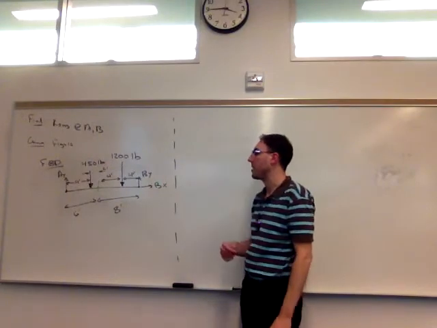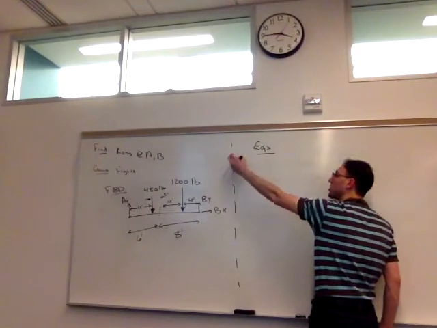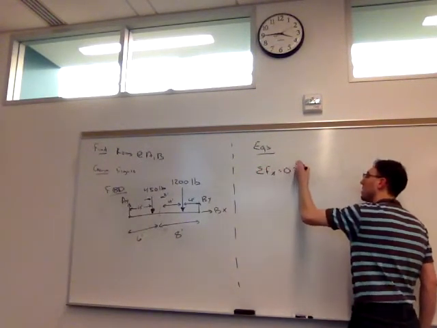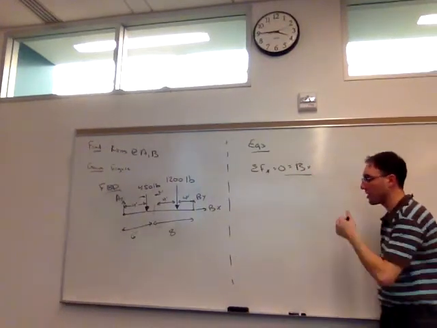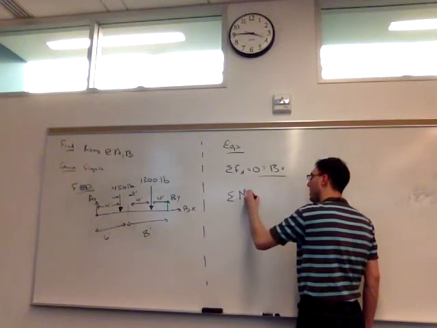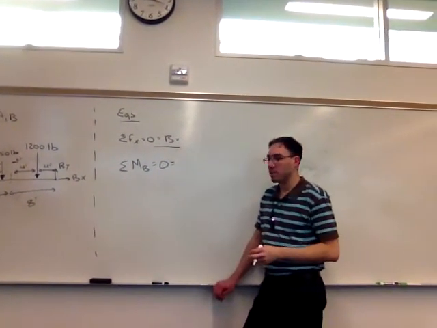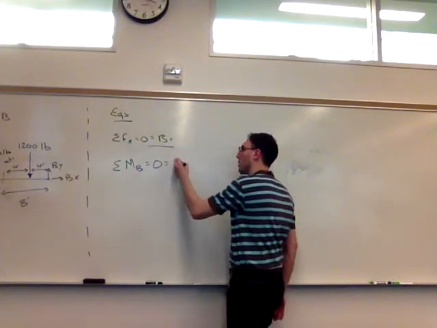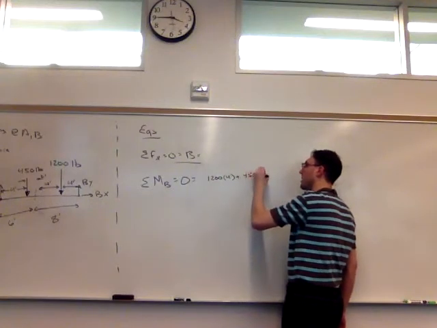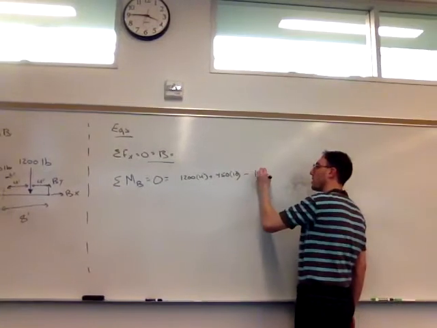We have one object. We have now just 2 point loads acting on it. So we can write the equations using the model that we've created. In the x direction, we get Bx is 0, one of the unknowns we're looking for. If we sum the moments about B, I simplified our distributed load into 2 point loads. We'll have 1200 times 4 plus 450 times 10 minus 14 Ay.